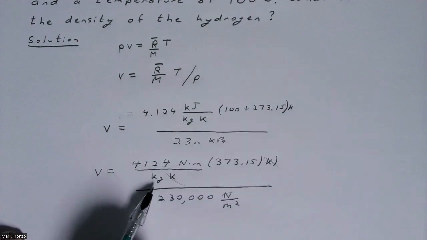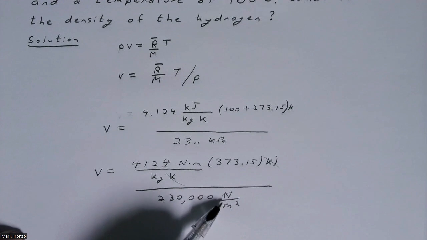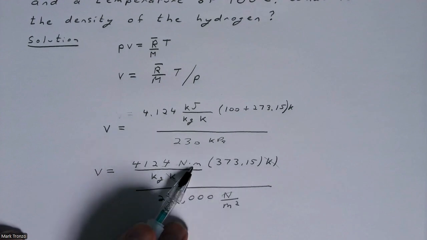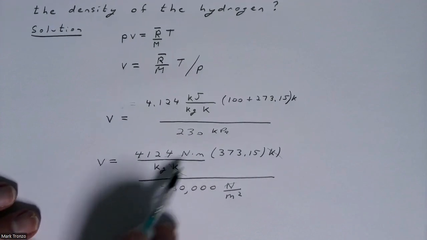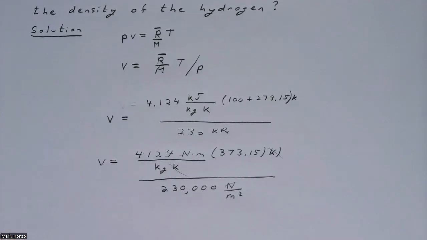The kilograms won't cancel. Now we invert this. Remember, if you have a fraction over a fraction, take the reciprocal and multiply. And so we'll end up with a meter cubed up here and kilojoules here. So that's looking good. Meters cubed per kilojoules. That's a specific volume.